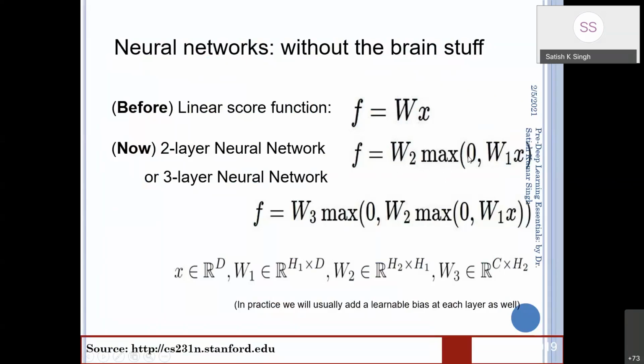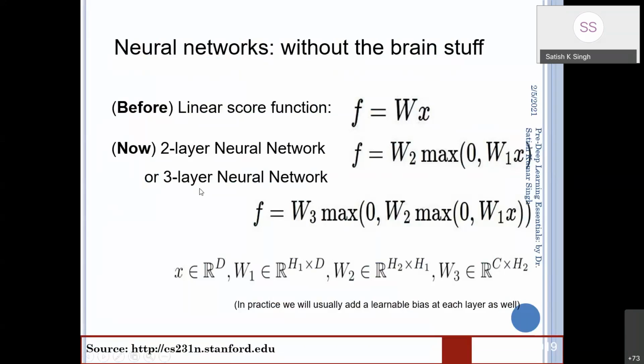It selects either 0 or W1x, whichever is maximum. Out of these two values, the maximum value will be selected by this function. So we have included this non-linearity into the linear classifier or linear discriminant function.